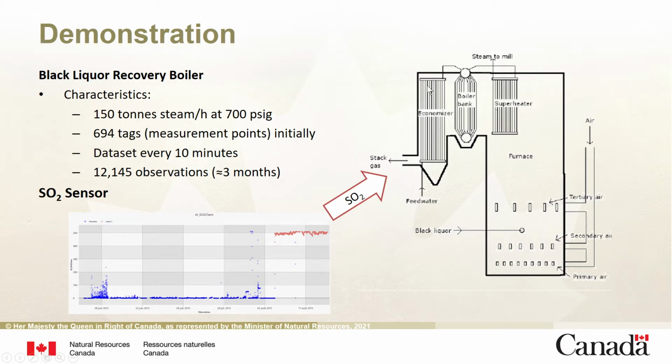We can find that piece of equipment in the pulp and paper processes, in the kraft process. In this piece of equipment, we are burning the black liquor to recover chemicals, and at the same time we're producing steam for the process.